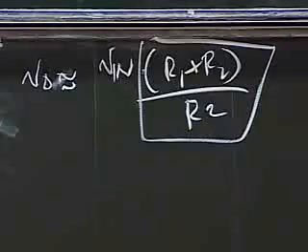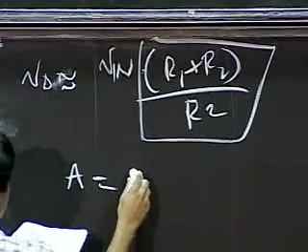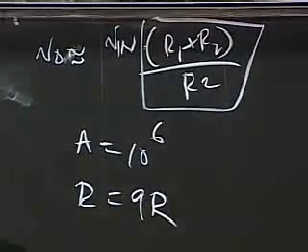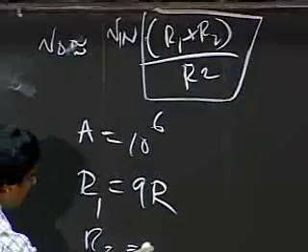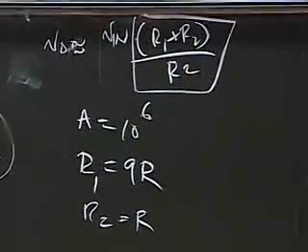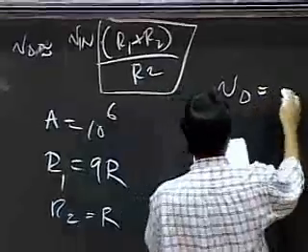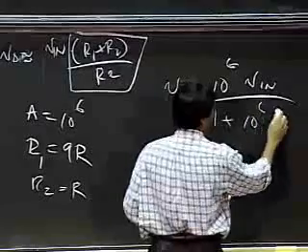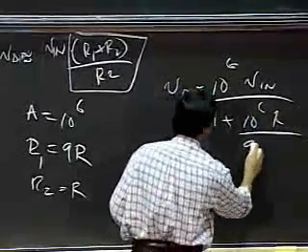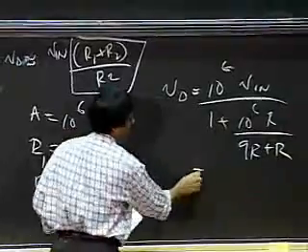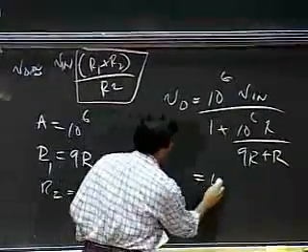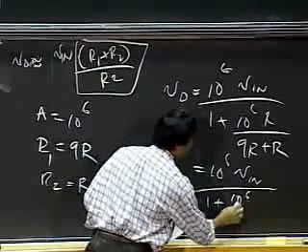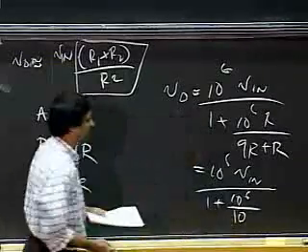So to give you a sense of some numbers here, suppose A was 10 to the 6th, and I choose R1 to be 9R, and R2 to be some R. Then V naught is 10 to the 6th V in divided by 1 plus 10 to the 6th R divided by 9R plus R. So that's 10 to the 6th V in divided by 1 plus 10 to the 6th divided by 10.